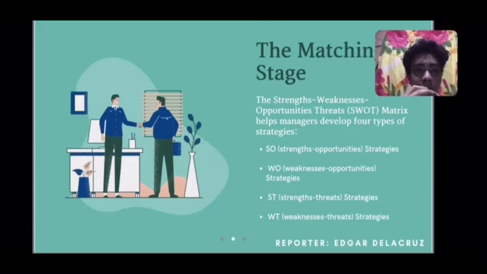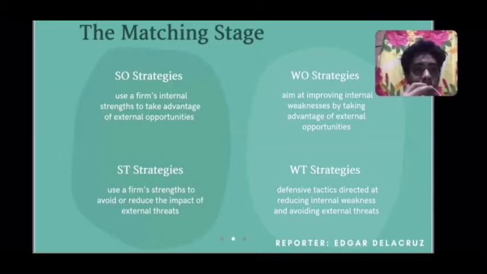Matching stage. The strengths, weaknesses, opportunities, and threats, or the SWOT matrix, help managers develop four types of strategies, which are SO, strengths-opportunities strategies; WO, weaknesses-opportunities strategies; ST, strengths-threats strategies; WT, weaknesses-threats strategies.